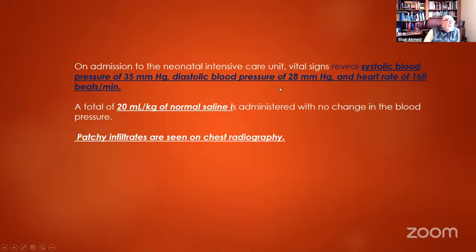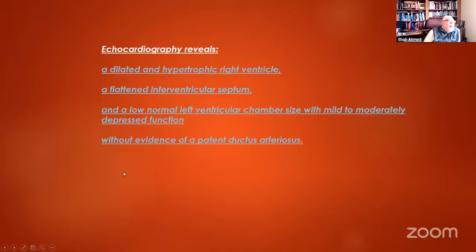As I told you, if the blood pressure is low, the shock is in an advanced stage. If you think your baby is shocky, don't wait for the blood pressure to drop. Otherwise, you will be dealing with a late disease. Was given a normal saline bolus, and then echo.